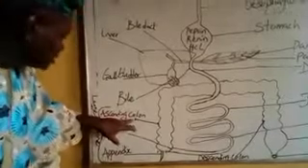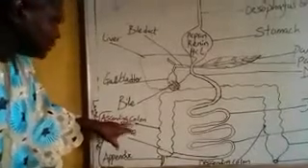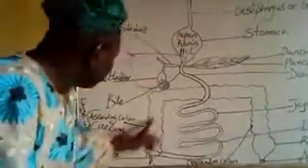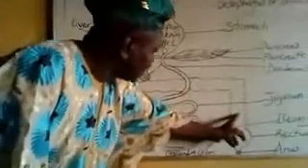We have the ascending colon. It's a large intestine. We have the descending colon. Look at the ascending colon. It's a large intestine. Look at the descending colon. It's a large intestine. Look at the rectum. It's a large intestine. Okay?